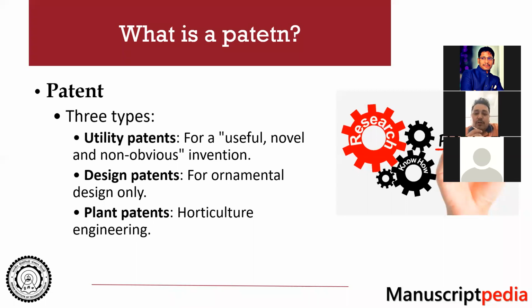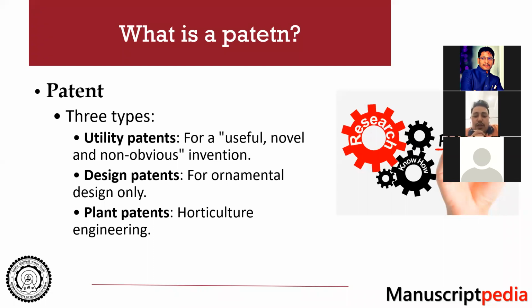For example, from engineering structure, from my point of view, we can have a new type of braces to protect a building against earthquakes, or better devices for their own area. But we should be sure to check patentability and other requirements, which we will talk about.